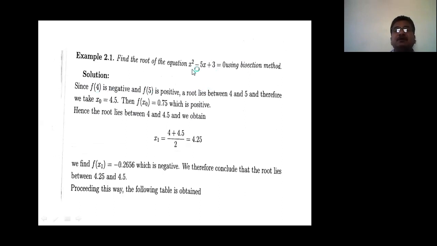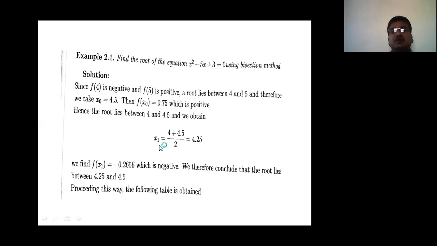At 4, the value is negative, and at 5, the value is positive, and therefore the root lies between 4 and 5. Okay, and therefore the next approximation, x1, is 4 plus 5 by 2, that is 4.5. Again, find the value at 4.5. At 4.5 the value is positive, and therefore the root lies between 4 and 4.5.